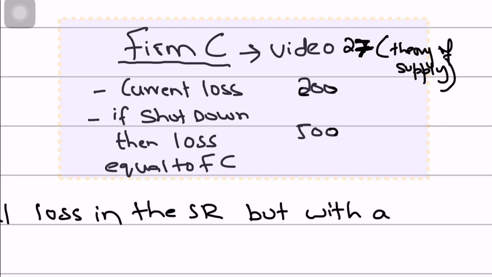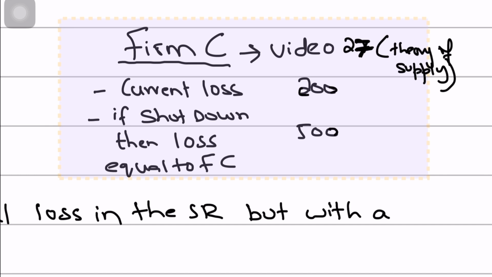So the loss was only 200, right? Because 300 was the contribution towards fixed cost. Otherwise, if the business shuts down, then all the fixed costs would have to be paid by the owner, which would obviously mean a bigger loss. But the economics behind it is that the revenue was actually covering the variable cost.